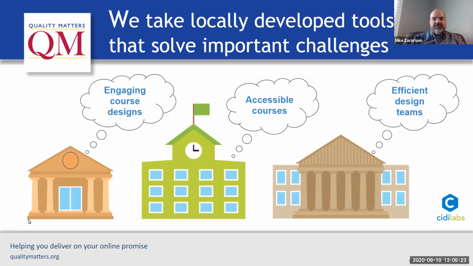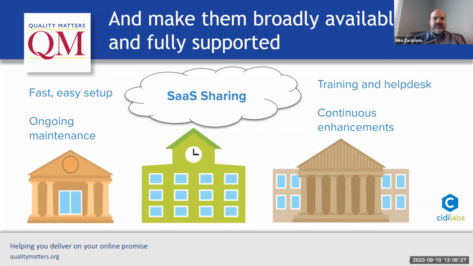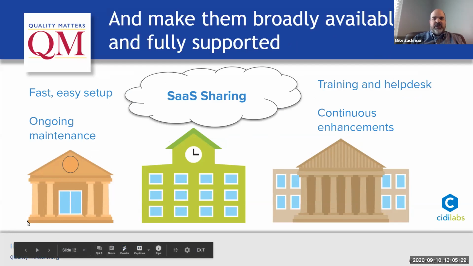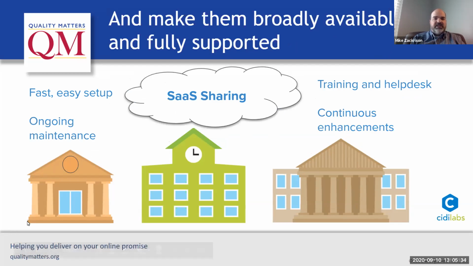So we partner with them. Go ahead to the next slide. And we take their technology, put it into the cloud, wrap it with training and support and other services. And through this mechanism, provide a means of what we call SaaS sharing these locally developed solutions to provide them on a broader scale within the Canvas community.